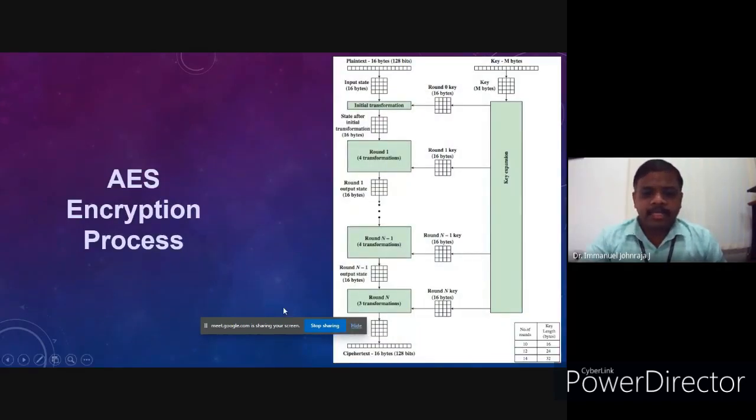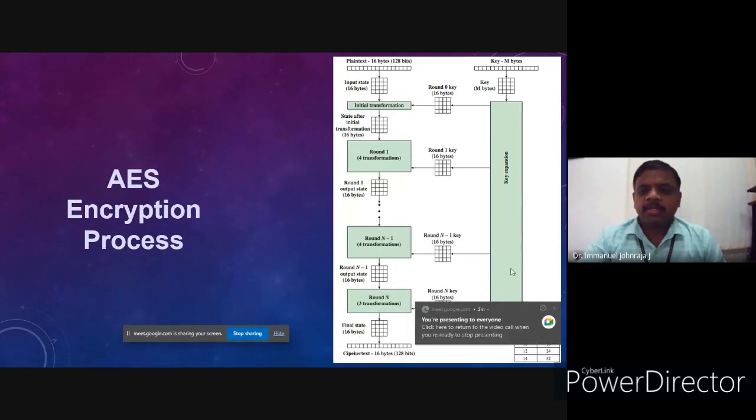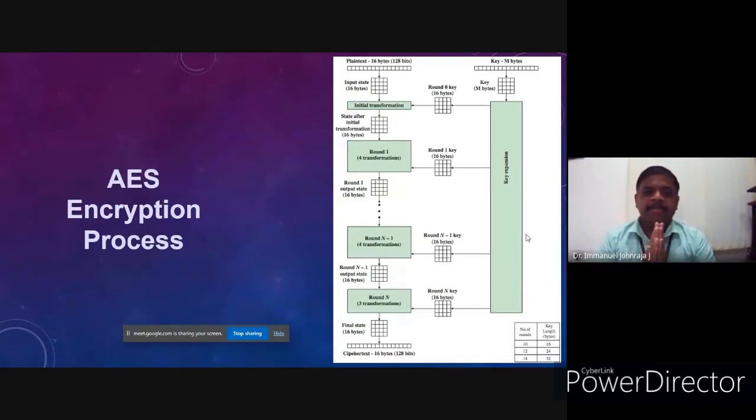So the AES encryption process follows this logic. On the right hand side of the screen, I have presented an overview of what happens in your AES encryption process. The initial plain text of 128 bits is taken, and the key is also taken in parallel. The key expansion is a process.